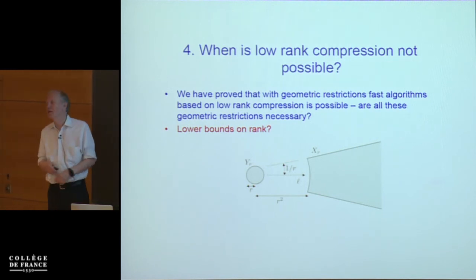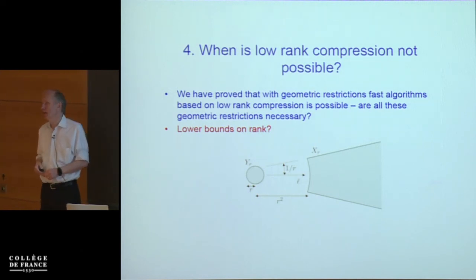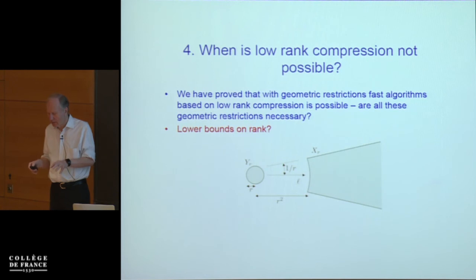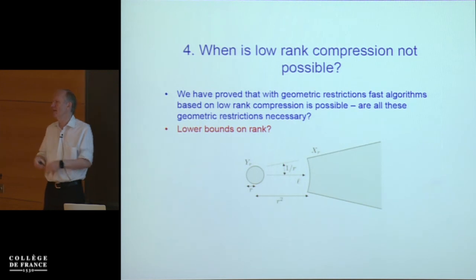The question is, do we actually need to do this? So we try to look at some lower rank bounds in this case. It's a little bit harder, of course, to say that there's no way you can do this in a certain setting, than to have an example and then prove that it's possible.